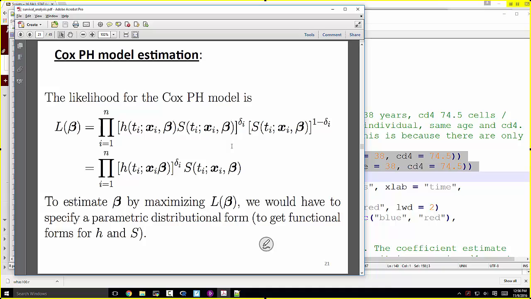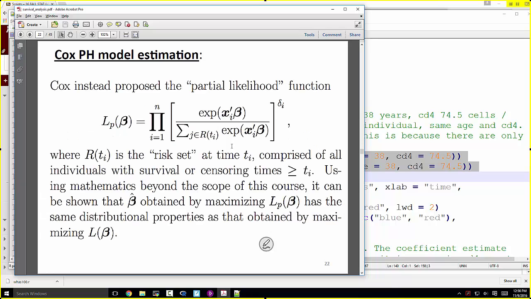But in order to fit a fully likelihood model like this, it at least requires a choice of a distribution, like the normal distribution, I assume, for the survival times, or gamma or something. And what Cox wanted to do was avoid having to specify a distribution.